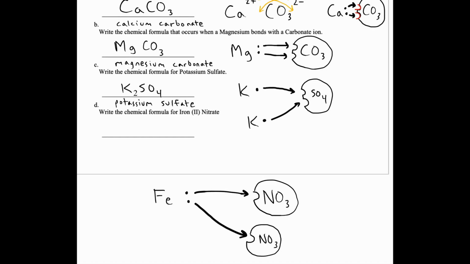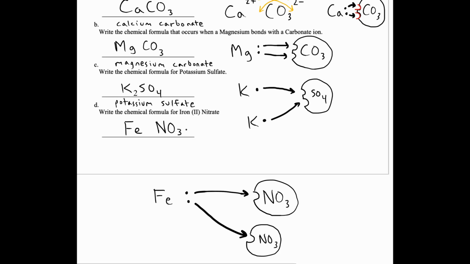But one thing that's new is how we're going to write this. It's a little more complicated than in the past, because before we just had 2 elements involved. Now you have an element with a polyatomic ion here. So let's write it like this. Fe will bond with NO3, but 2 of these are required.